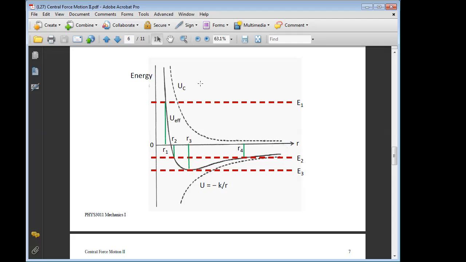For the case of the isotropic simple harmonic oscillator, at this point I can certainly say that it is a bounded orbit, right?